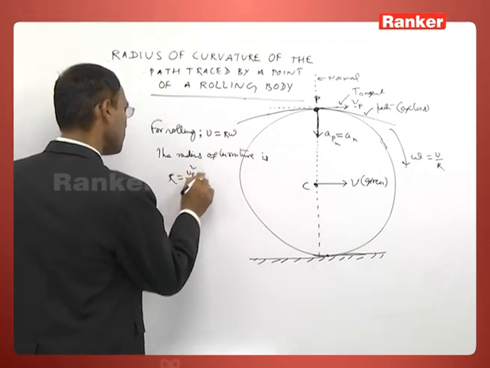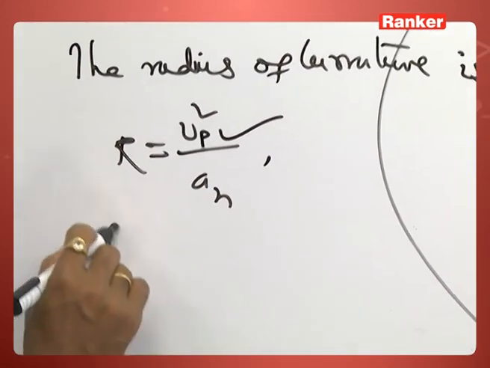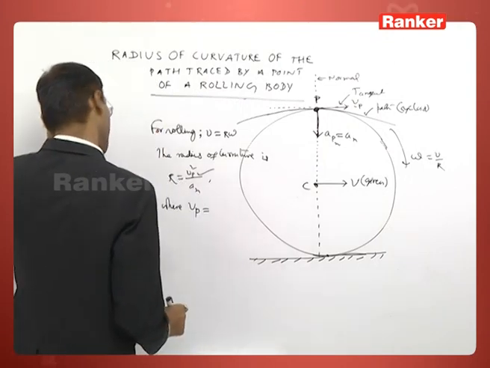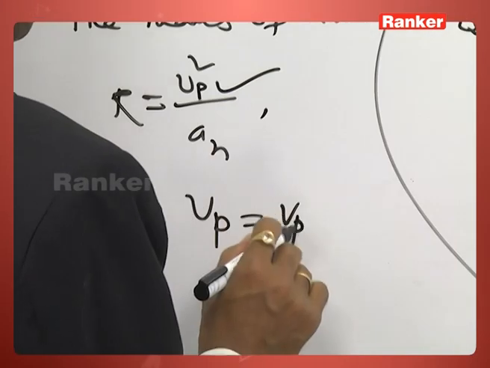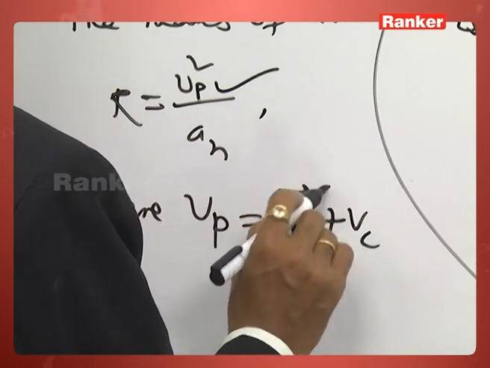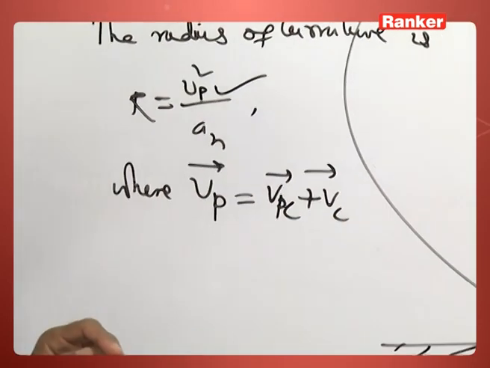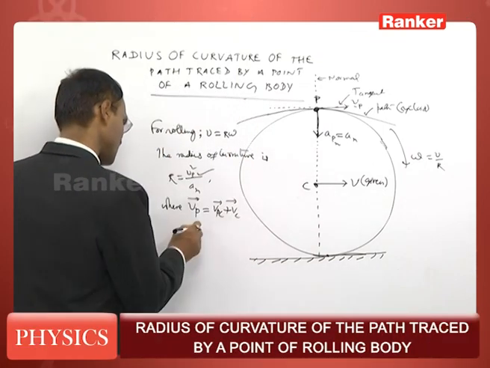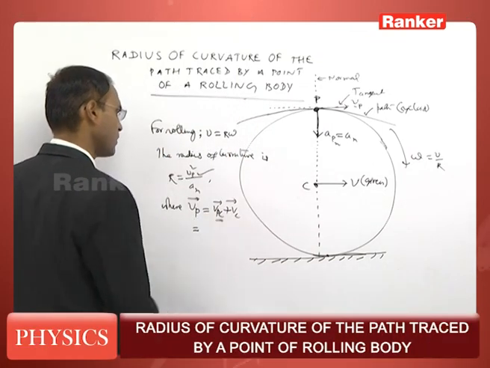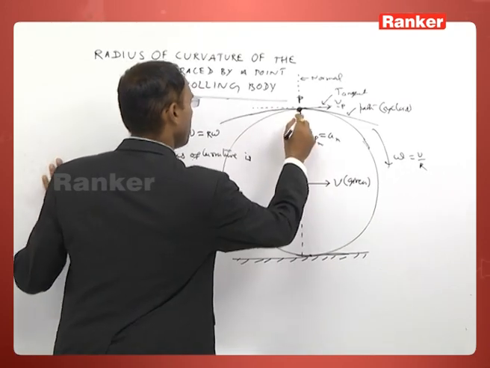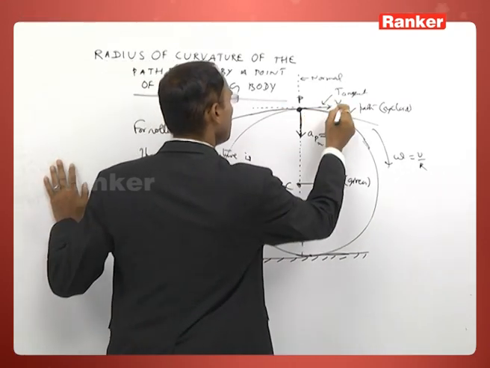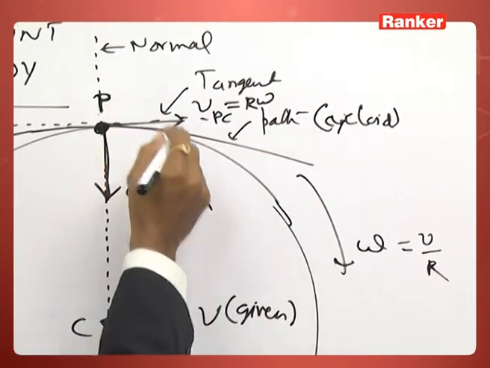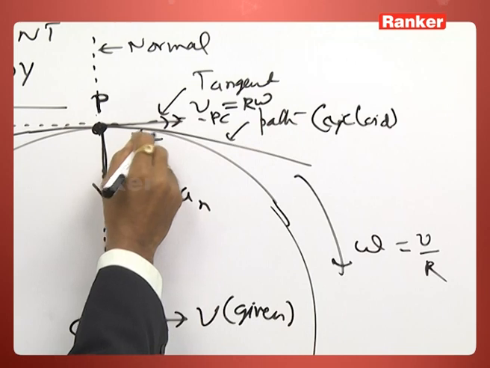To calculate, we know this, where Vp is equal to Vpc plus Vc, Galilean transformation of velocity, what we talked about yesterday. Vpc, the velocity of P with respect to C, is equal to r omega, and velocity of C is equal to v.